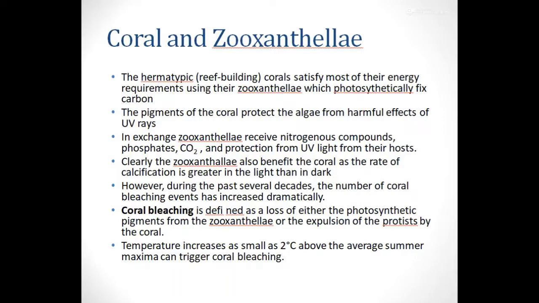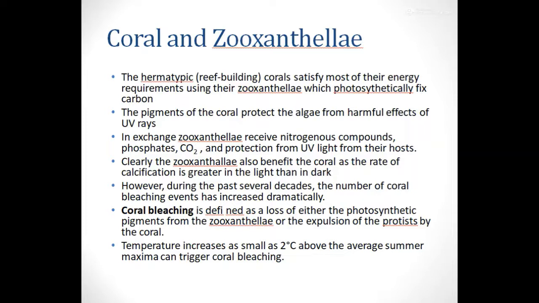If you take a close look at the coral and zooxanthellae association, you can see that in these reef building corals, most of the energy requirement is met by the zooxanthellae, because zooxanthellae are capable of photosynthetically fixing carbon, and much of the carbon needed by the coral is provided by the zooxanthellae. Now what do the zooxanthellae gain from this?